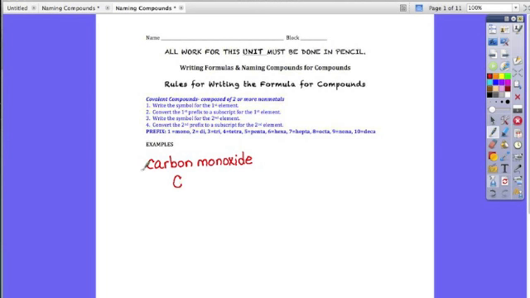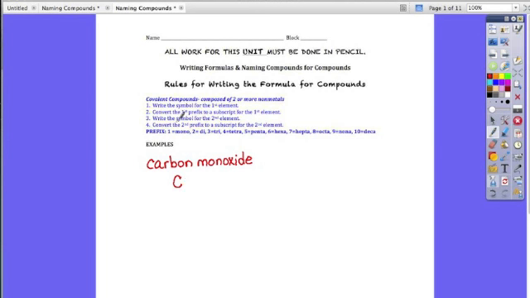When I look here in front of carbon, there is no prefix. So there's a rule that says anytime you have one of the first element, the prefix is never written. So because I don't see a prefix, that means I have one carbon. Remember, we never write the 1 when writing the formula. It's always understood. So the formula for the first nonmetal would be just C.